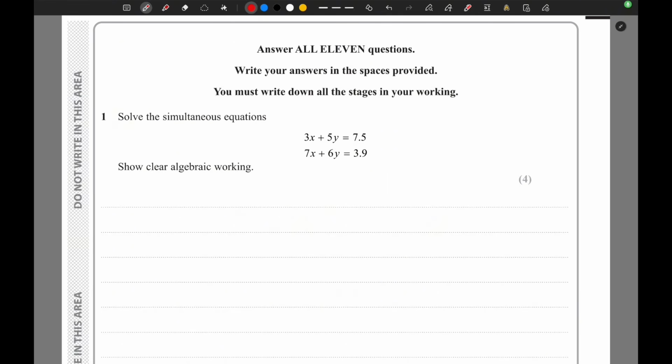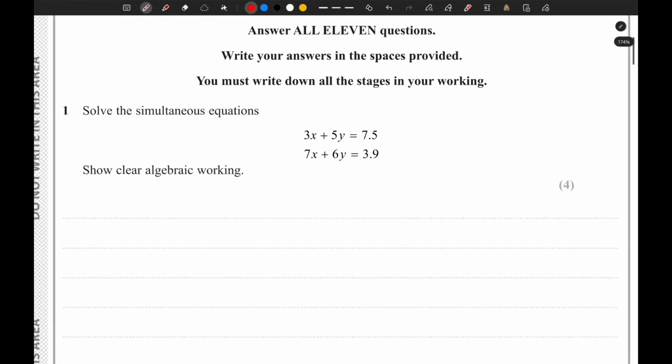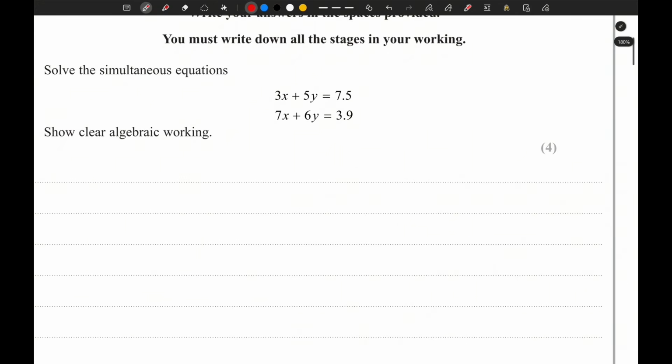Now starting with the first question, we have a pair of simultaneous equations. Now we have to solve these two equations. Let's just use the elimination method. So if we multiply the first equation by 7, we get 21x plus 35y equals 7.5 times 7.